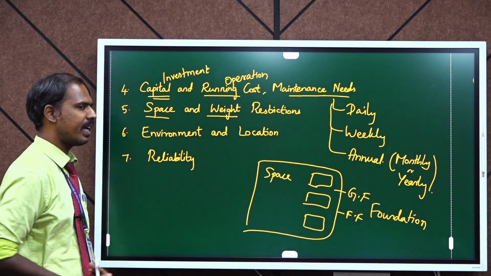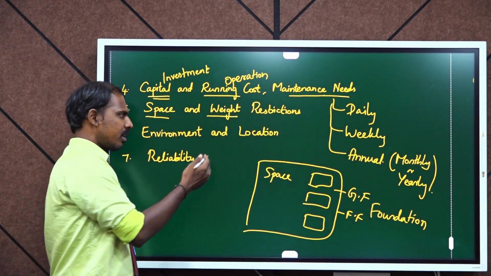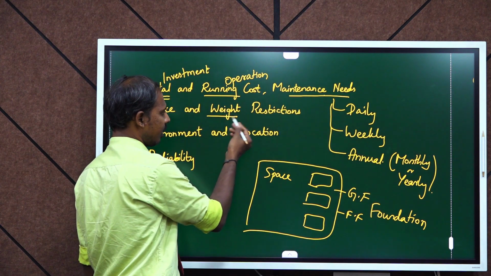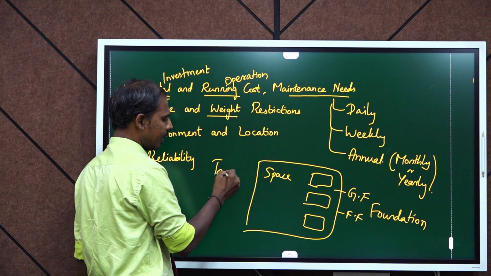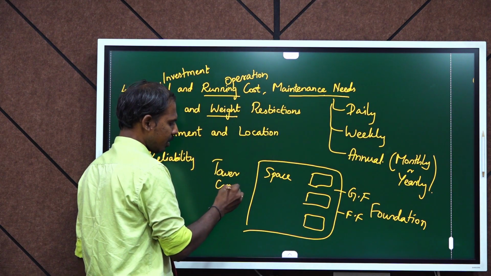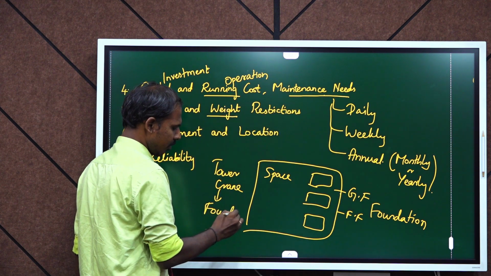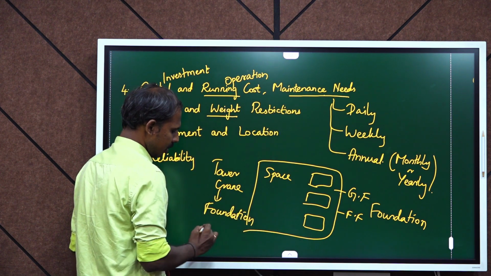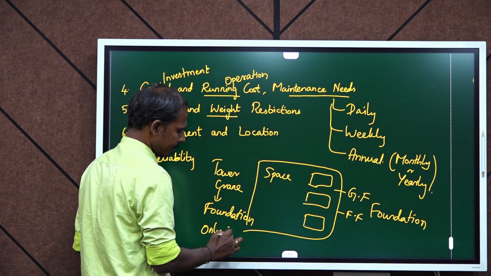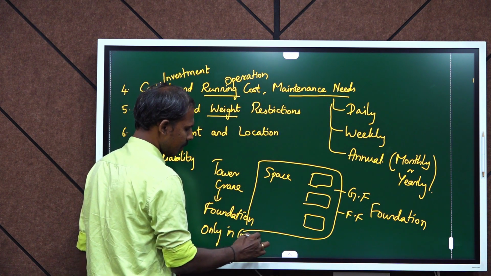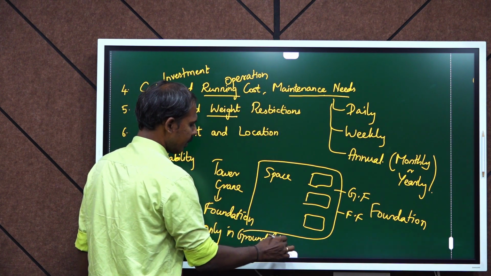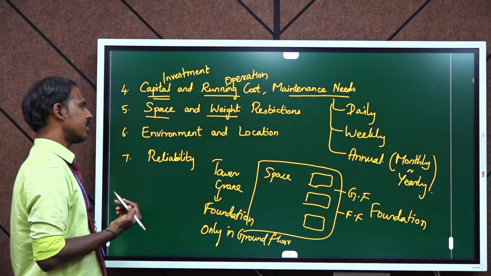We will focus on weight restriction, because if you take the best example as a tower crane, it has to be provided a foundation only on the ground floor. In a similar way, you have to focus on weight restrictions.